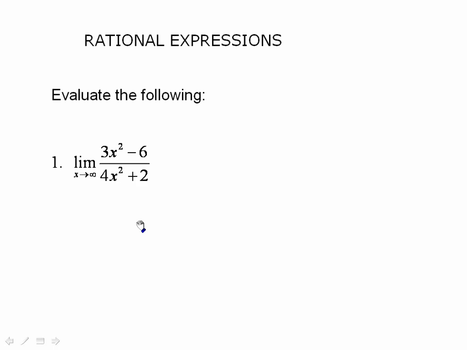Now, what we've been doing up to now is just kind of reasoning our way through it, and you get an idea of what's going on with it, and that's very important. But with rational expressions, we follow a method more. And starting off today with just this question number 1, a rational expression, of course, is a fractional type problem with a numerator and a denominator.